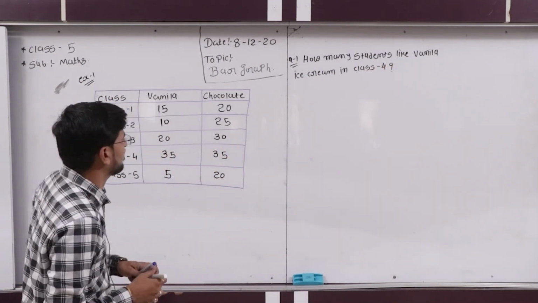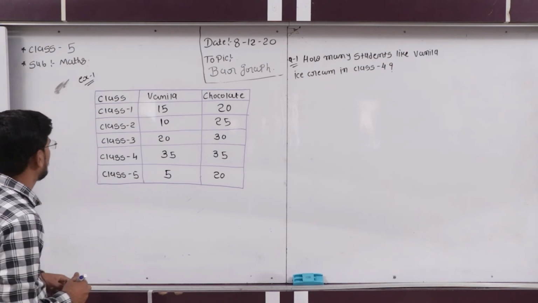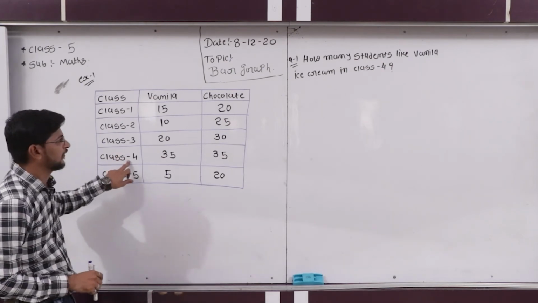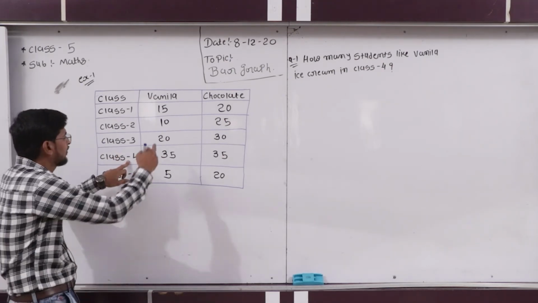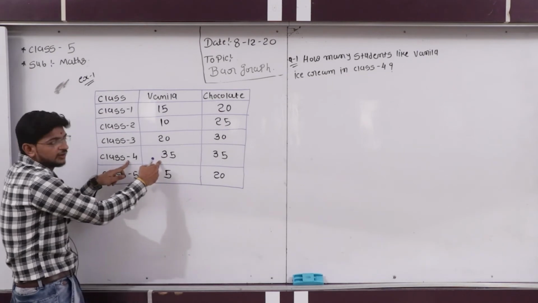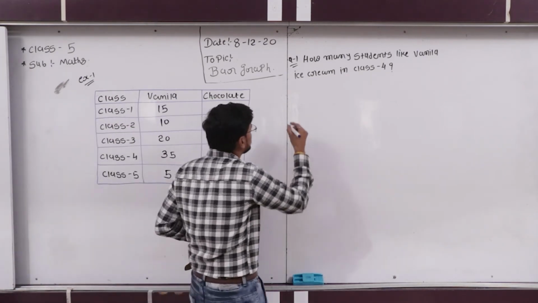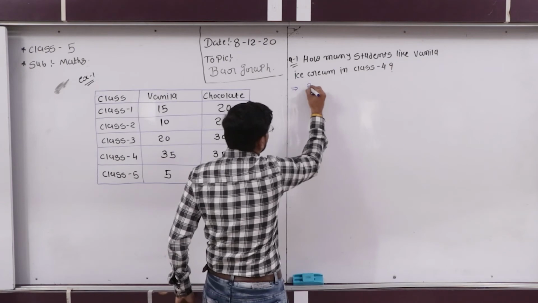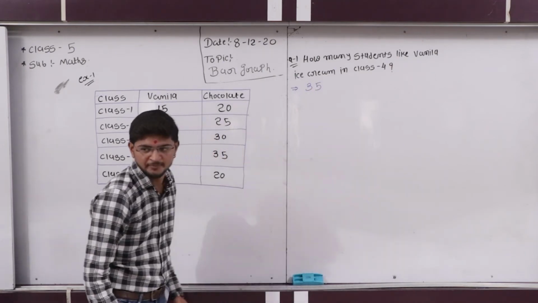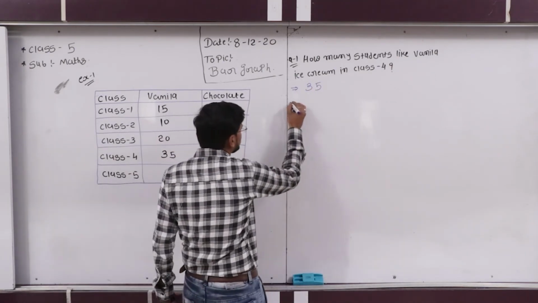Find class 4 first and find the column of vanilla. Check it: 35 students. So our answer is 35 students, right?